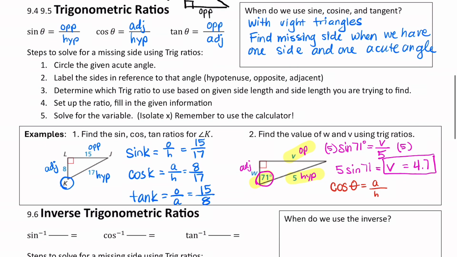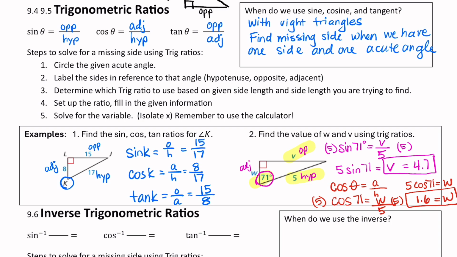And then we just fill in the numbers that we know. So cosine 71 equals adjacent, which is w, over hypotenuse, which is 5. We're going to multiply both sides by 5, and we get 5 cosine 71 equals w. And when I plug that into the calculator, I get 1.6.